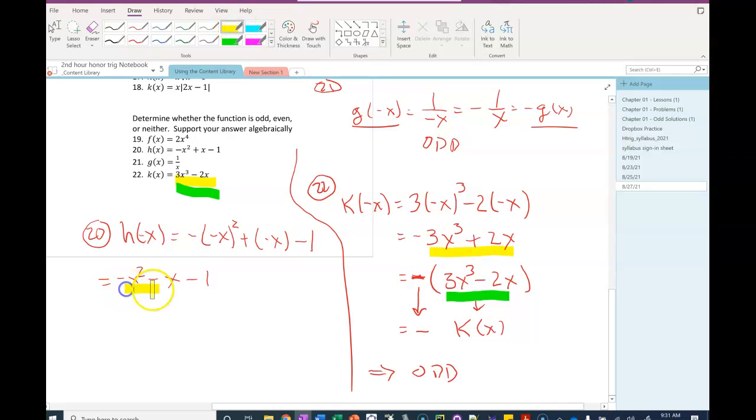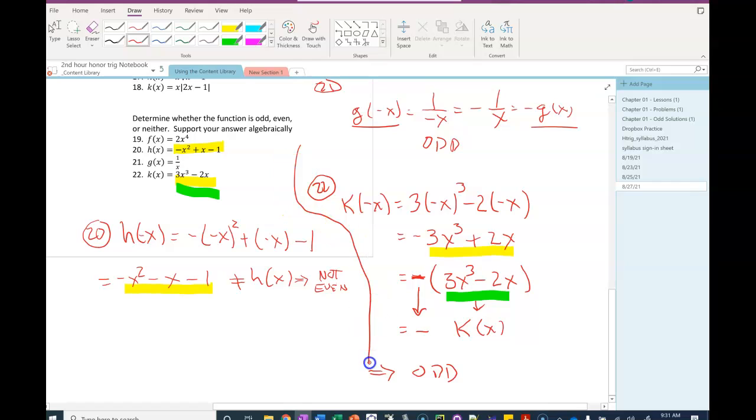So if I compare this to the original, that's not the same, so I know it's not even. Good with that? I'll continue on.